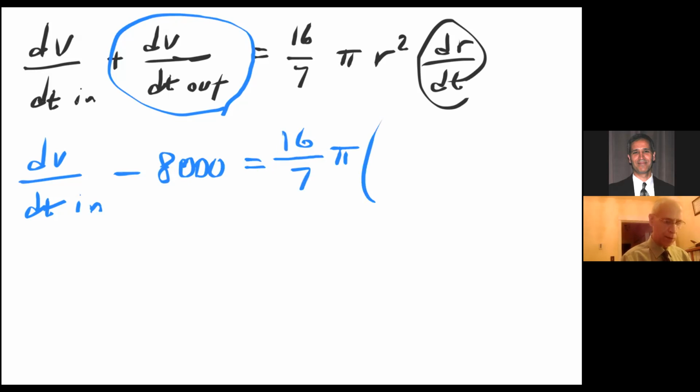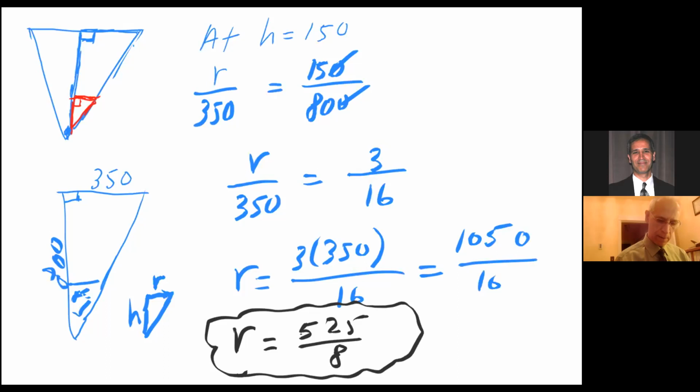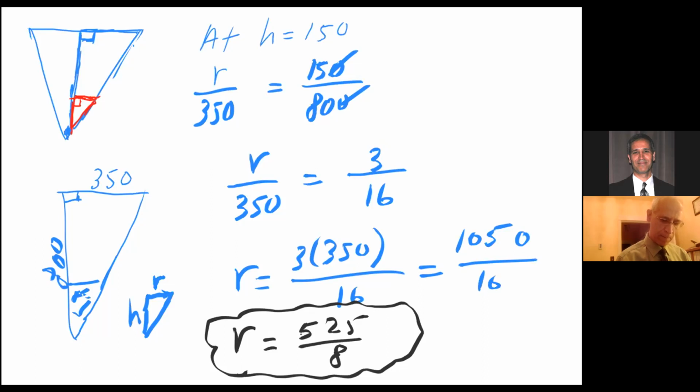R squared. R, where is R? What did we find out R was on those pages? Right here, 525/8.